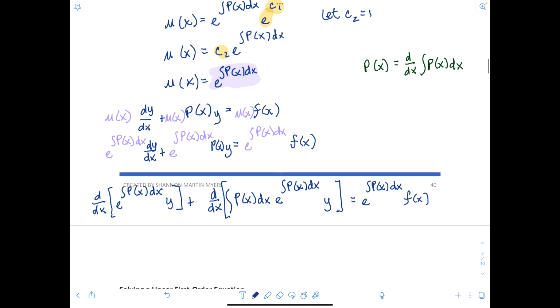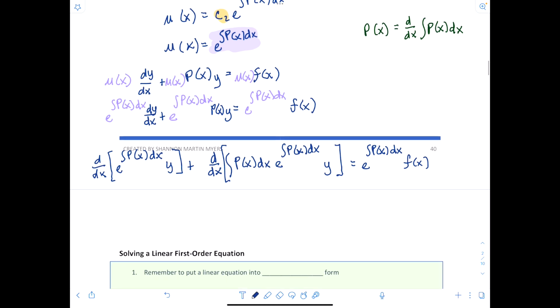But the beauty of this is that this is using the product rule.